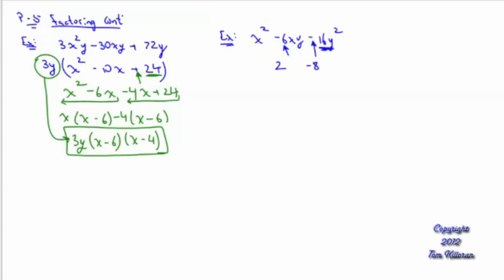Now, I need that middle term to be negative 6xy. So my 2 and my 8, both of them have to have xy. They have to, otherwise I wouldn't be able to go backwards. So it's a positive 2xy, a negative 8xy. Bring down the first term, bring down the last term.